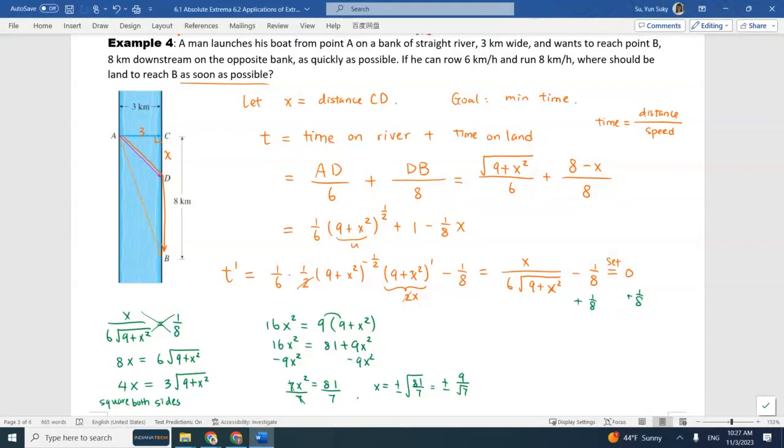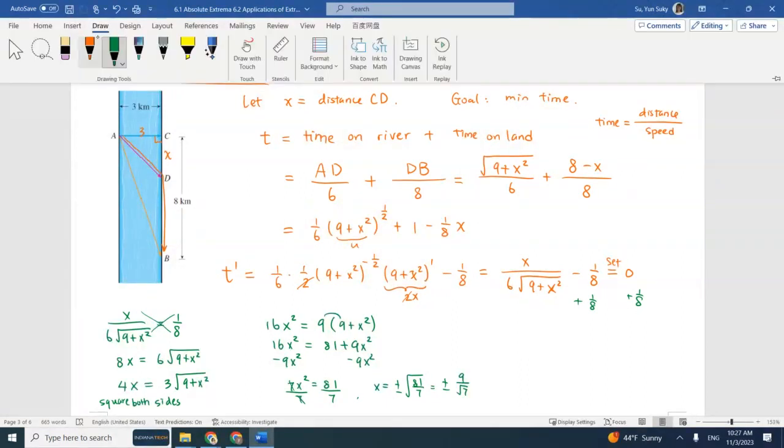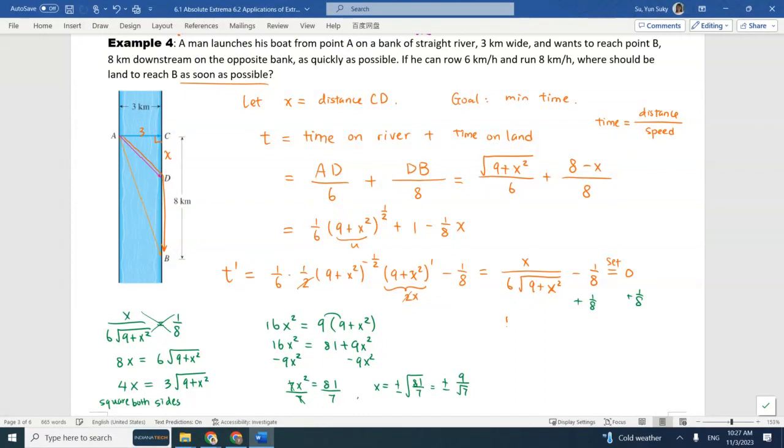So if you want to find the shortest time, D should be between C and B. So the smallest X is what? So domain, the smallest X is 0. And the largest X is, what's the largest X?